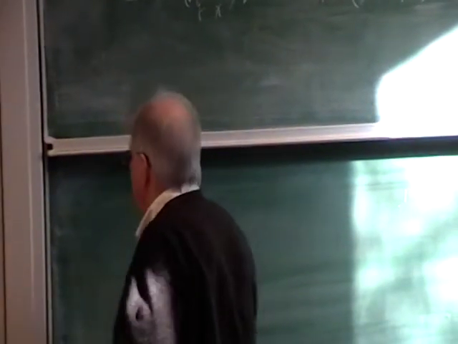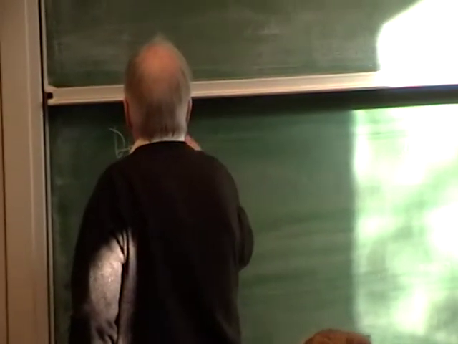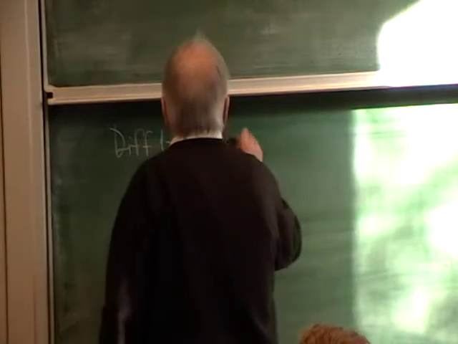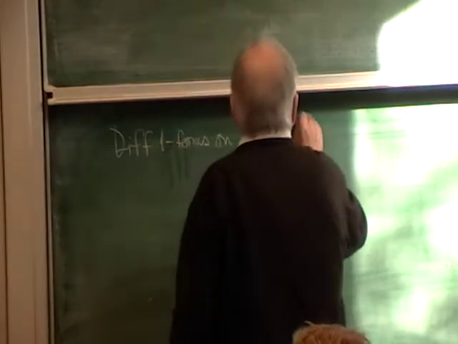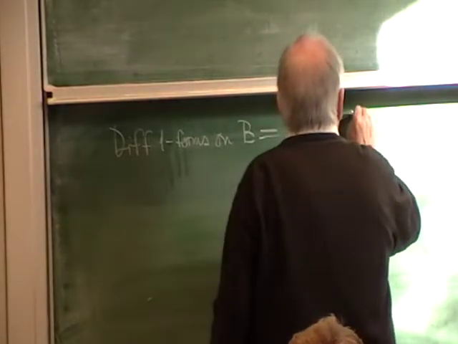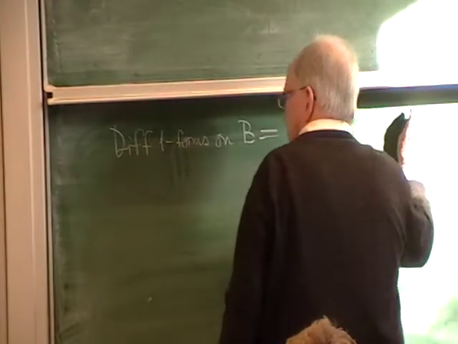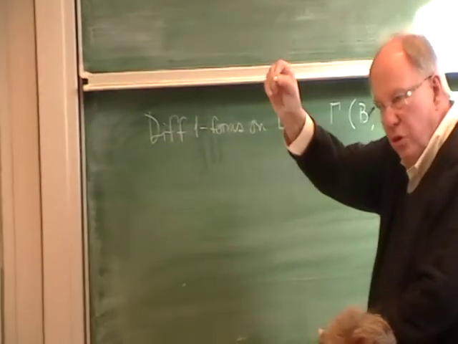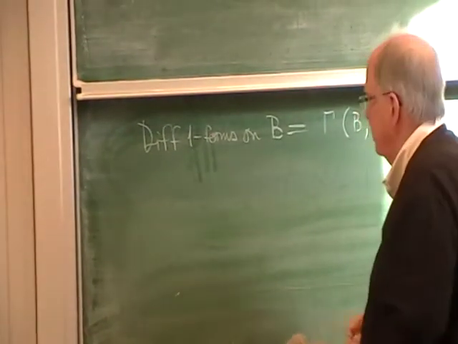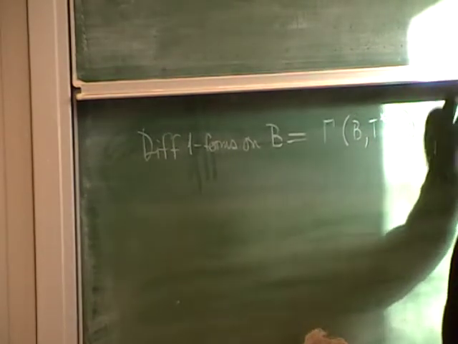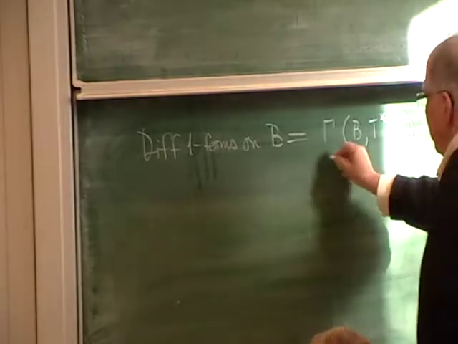For example, the differential one-forms on the base are the space of sections over the base of the cotangent bundle. So to each point, it gives you a cotangent vector. So these spaces of sections are very important.